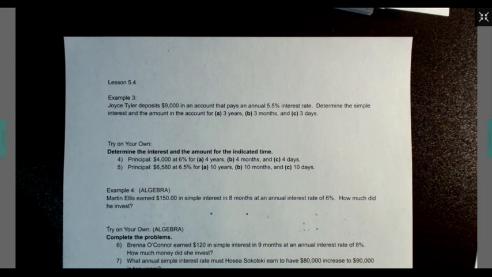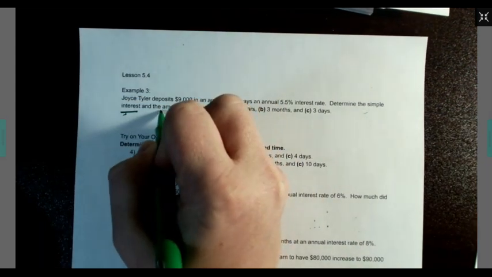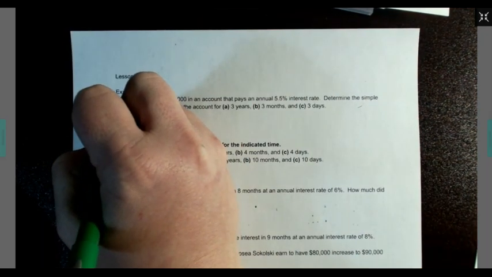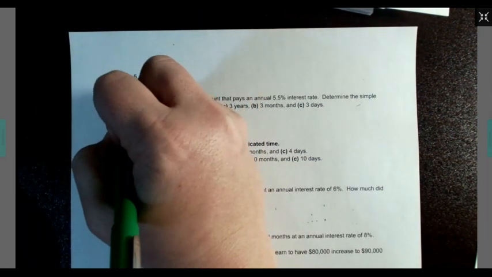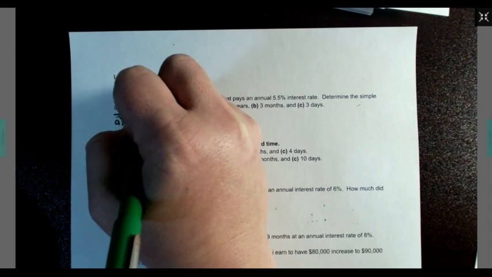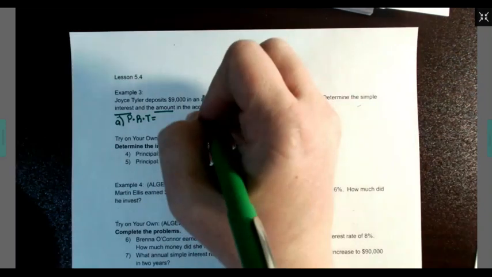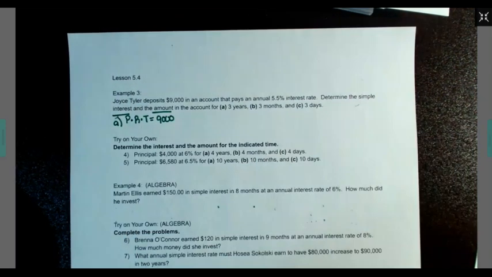All right. So we want to find the interest and the amount for each one of these options. So A, remember that interest equals my principal times rate times time. So in this case, the principal is $9,000 because that's what's in the account.